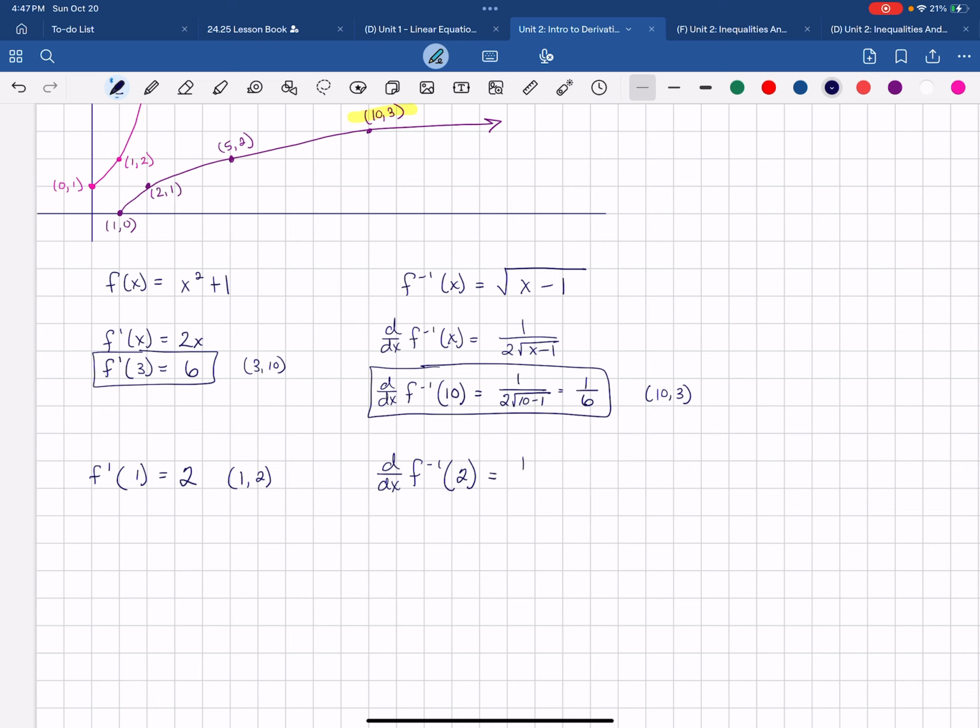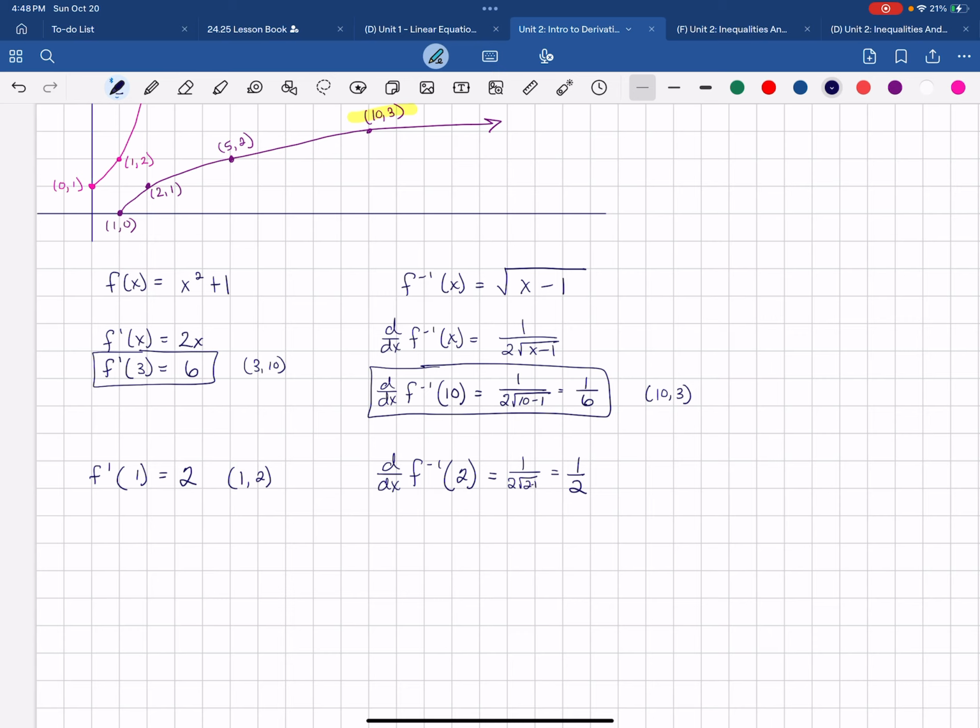That's going to be 1 over 2 times the square root of 2 minus 1, which gives me 1/2. So again, we have this relationship where, if I know the slope, or the instantaneous rate of change at a given x value for my f of x function, the derivative of my inverse function at the partner point is going to be the reciprocal of that slope.